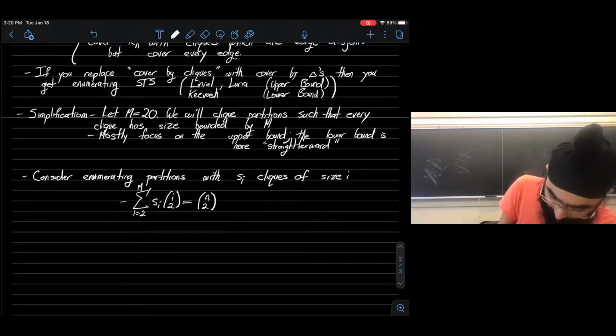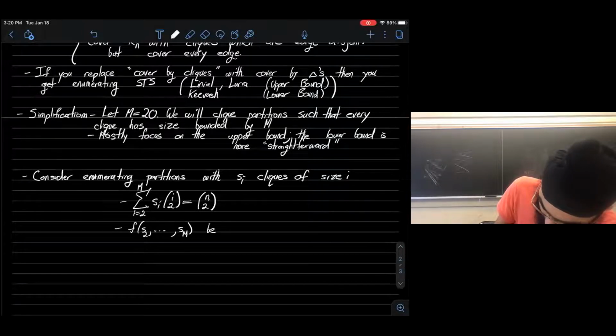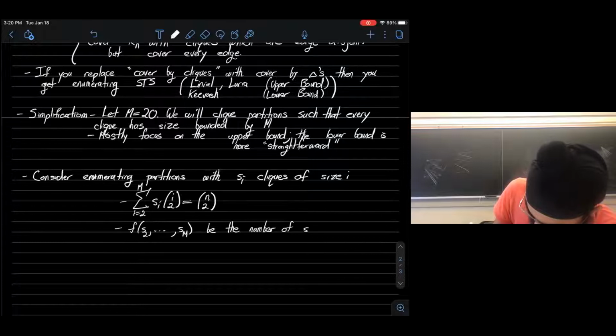And let f of S_2 through S_M be the number of such decompositions.